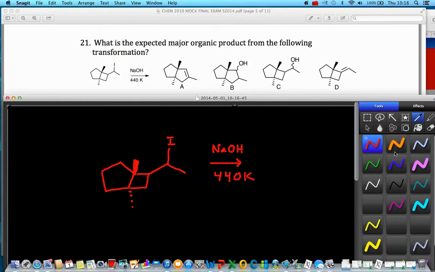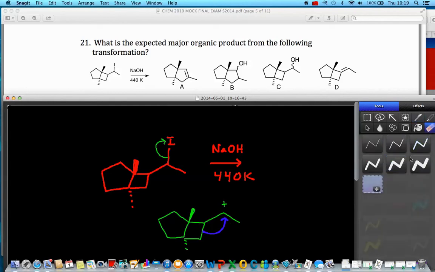Now in this mechanism, which is going to follow an SN1 for reasons that'll become obvious in a moment, you're going to have a carbocation. So the first step is a proton transfer that we've seen numerous times in class this semester. But we can do a 1,2 alkyl shift, and what this alkyl shift is going to do is facilitate a ring expansion.